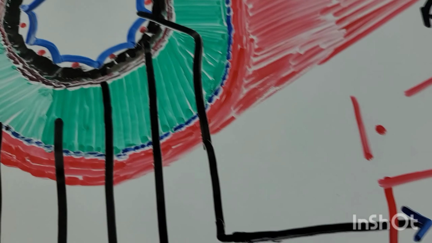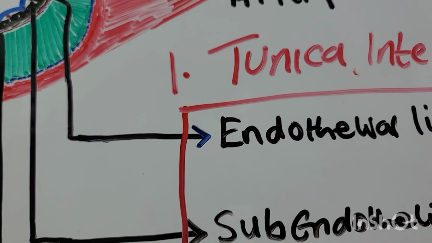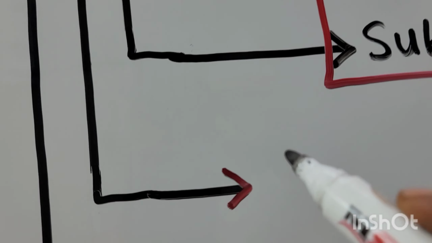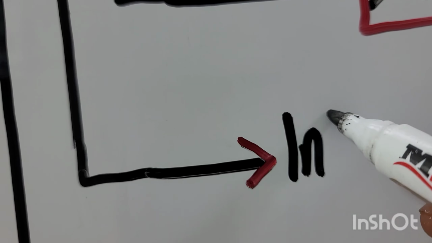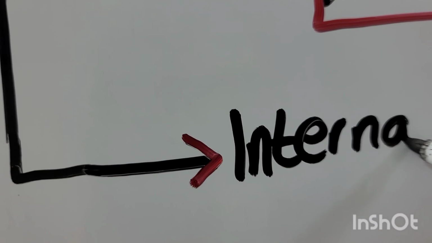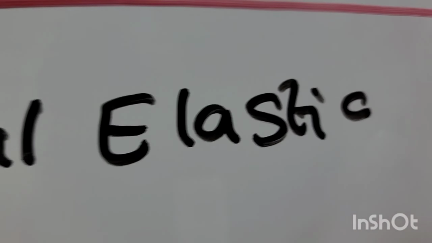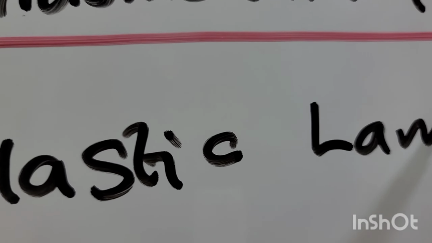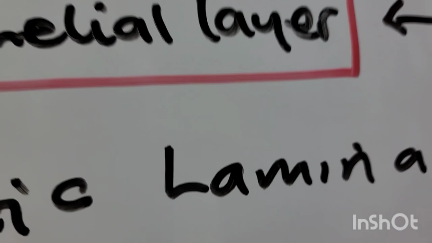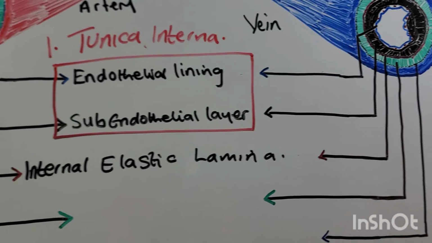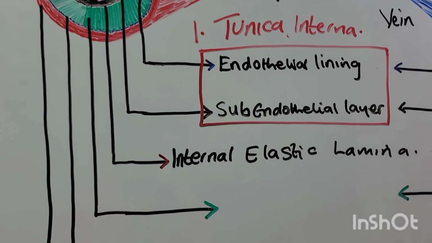That layer is what we call the internal elastic lamina. It's the same for both sides, both the veins and the arteries.